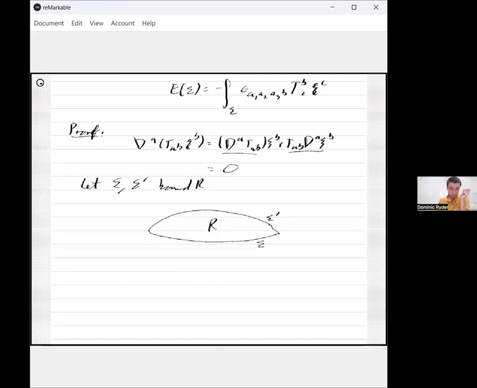And then by Stokes' theorem, E on sigma prime minus E on sigma is equal to just integrating over the boundary of R. So we're just integrating over the boundary. And that step's trivial.